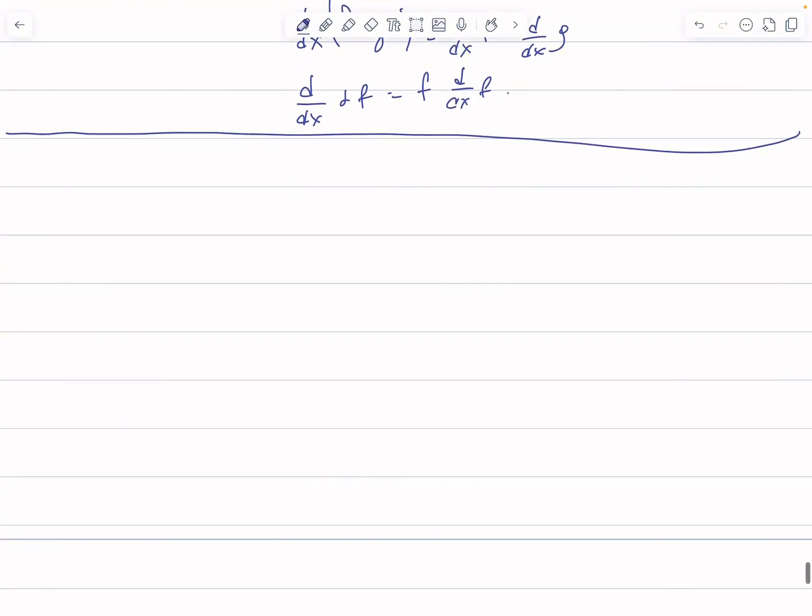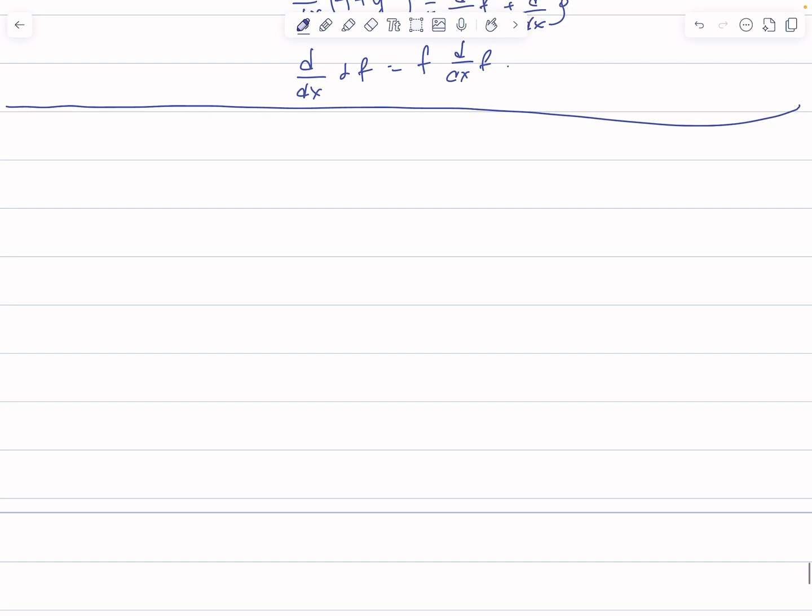Now, what does it mean that operator T is bounded?